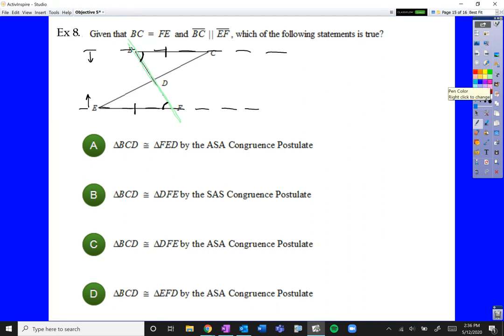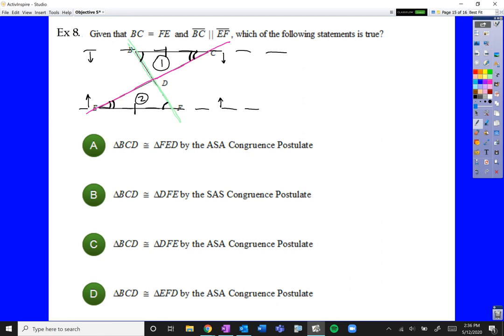And the same idea goes for if this line was the transversal, then you would have alternate interior angles here and here, because they're on alternate sides of the transversal, but they're interior. That's bringing it way back, guys, way back.